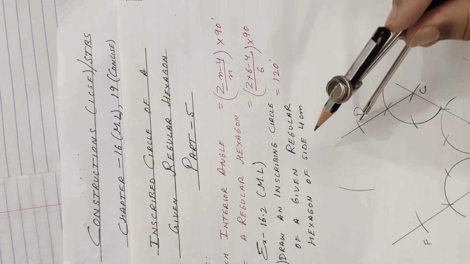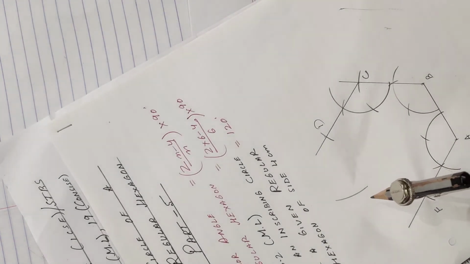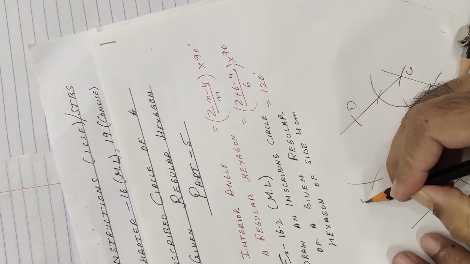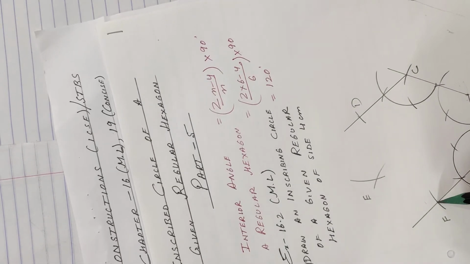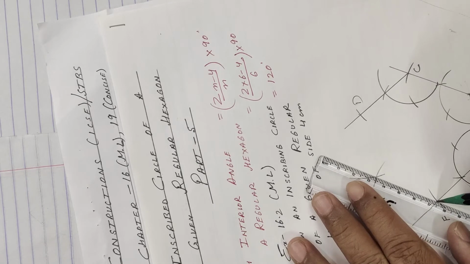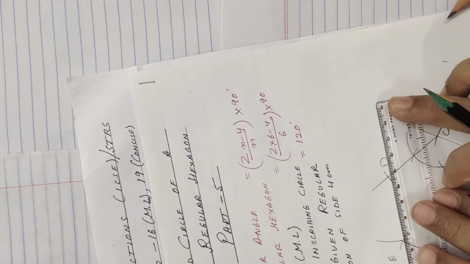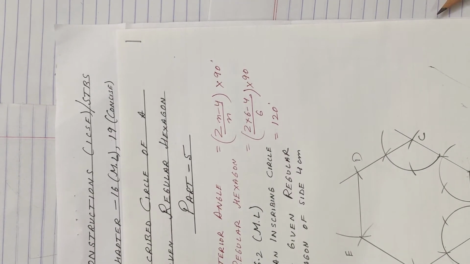So from D we cut 4 centimeters, as well as from F, and here we will get point E. So we get this point as E. When you join this, it automatically should become 4, because we have taken an arc of 4 centimeters. So produce this, join this, you get 4. Join this, you get 4. So finally we have drawn the regular hexagon.